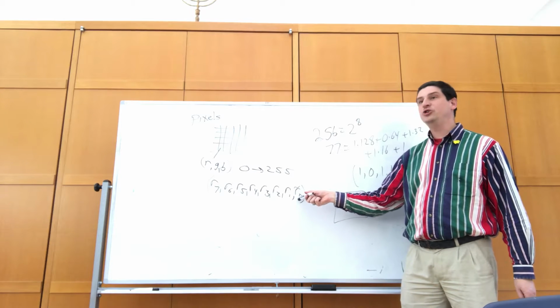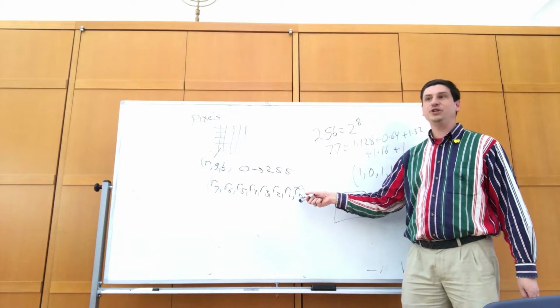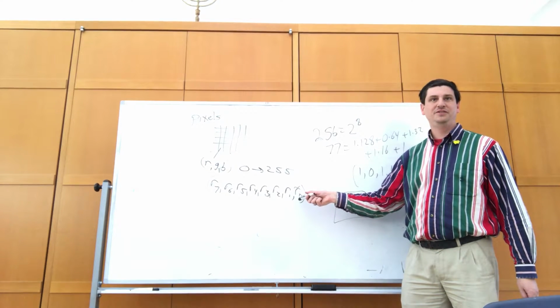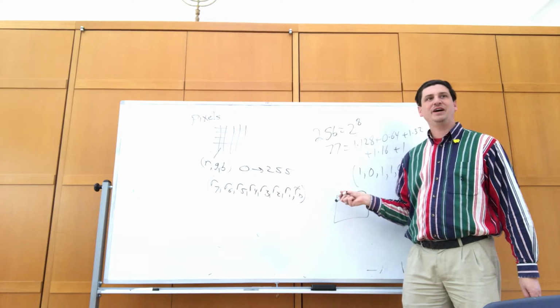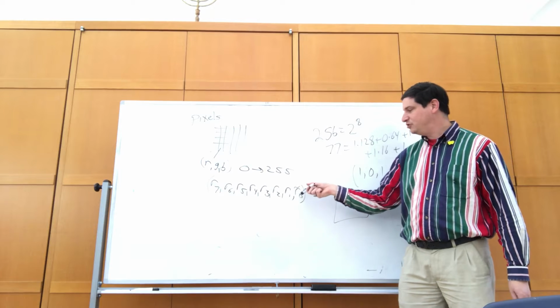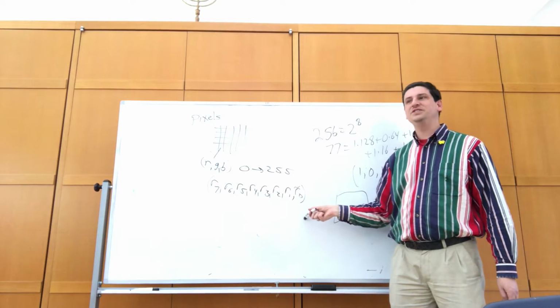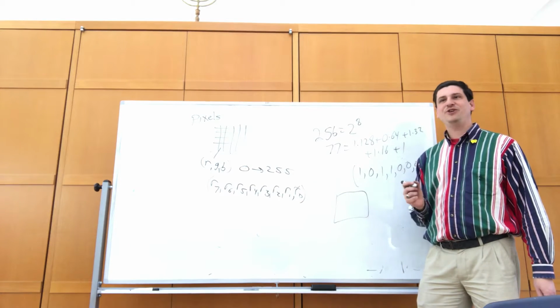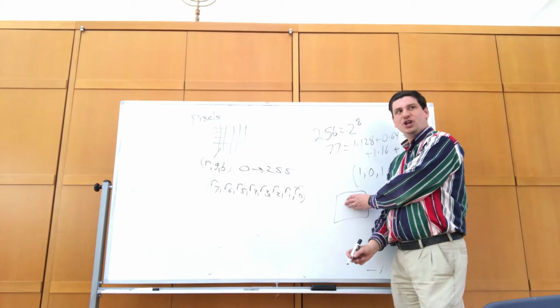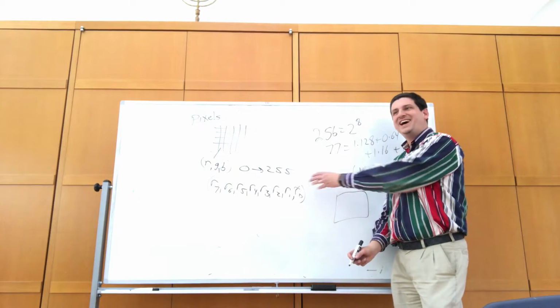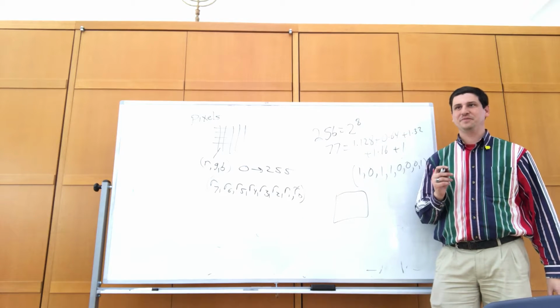So the last digit could be wrong, but hopefully it's only wrong about half the time. So half the time, I'm actually going to still have the correct bit here. Half the time I'll have the wrong bit. And now if I just pull off just the last digit as 1s and 0s, I can read off my message. So I can take another picture, a low resolution picture, and hide it in a high resolution picture.